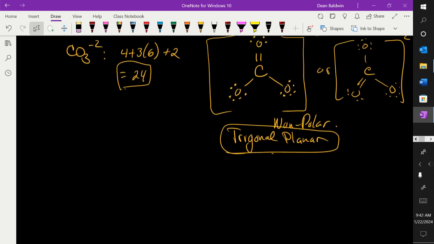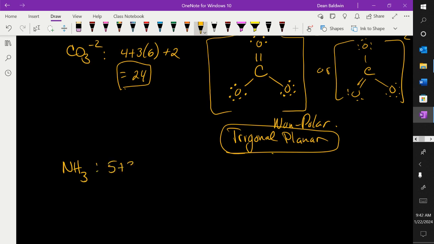So if we do, I'll make it easy, NH3. How many valence electrons does nitrogen have? It's got 5.